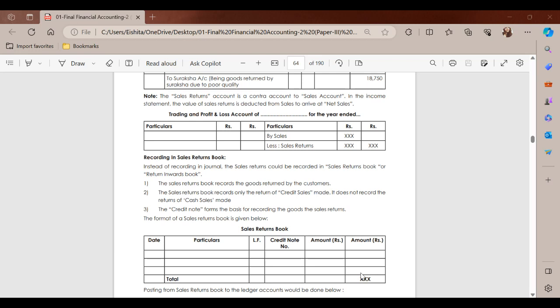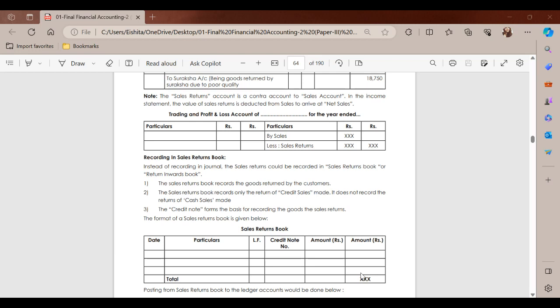So he will issue the invoice for 500, but he will also issue the credit note for 10 quantity. Instead of recording in a journal, the sales return could be recorded in the sales return book, or sales return inward.